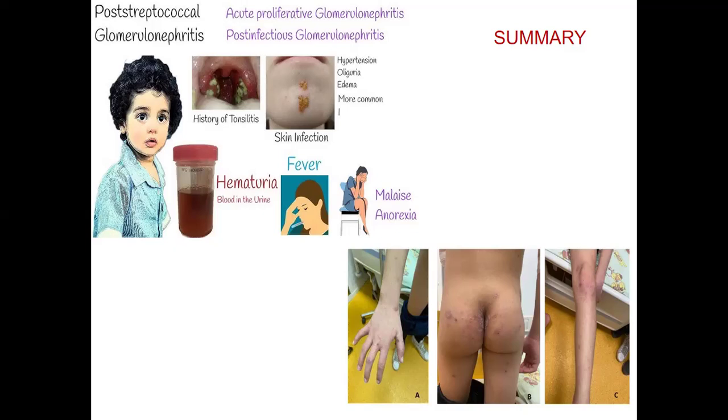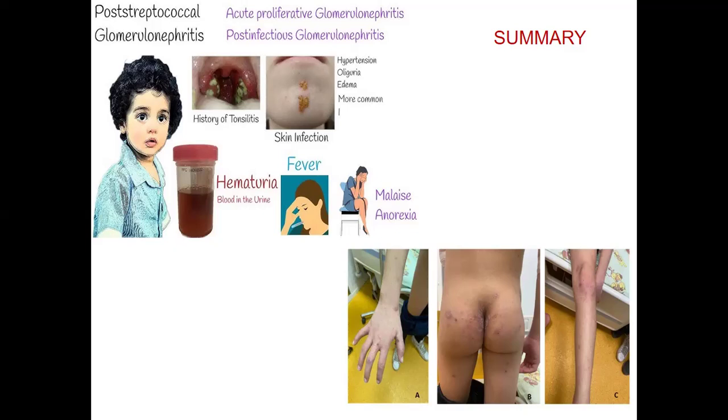Is it slower over a longer period of time? That is chronic. If you look at the kidney under a microscope, especially the glomerulus, is there any indication of proliferation of new cells in the glomerulus, the mesangial cells? Then that is diffuse proliferative glomerulonephritis. Then you have membranous, presence of protein-rich deposits on the basement membrane.